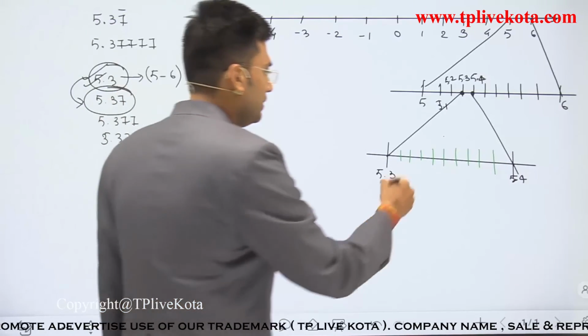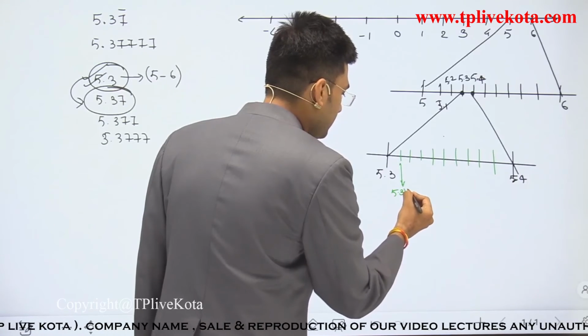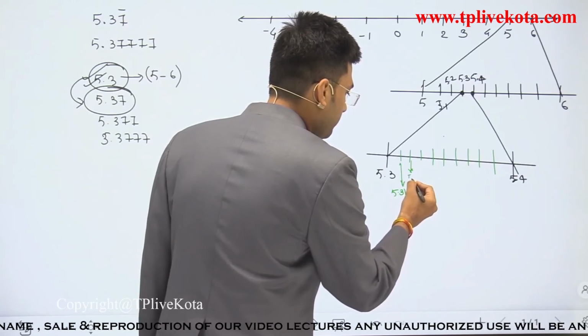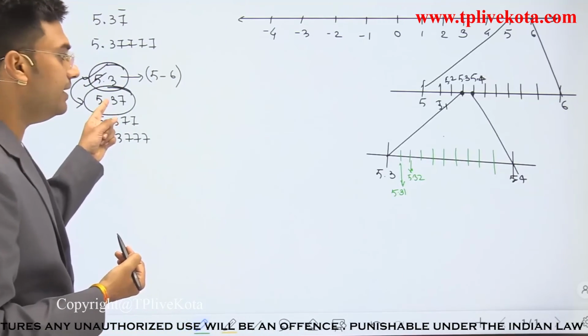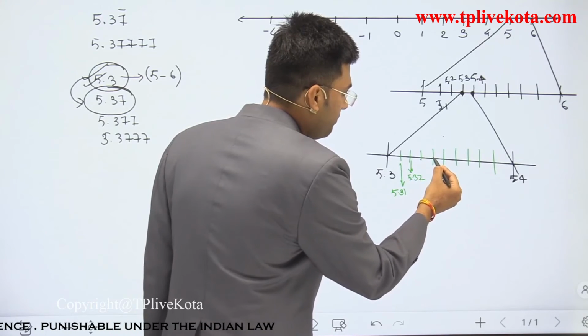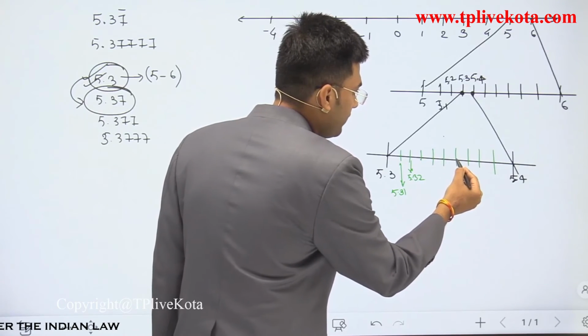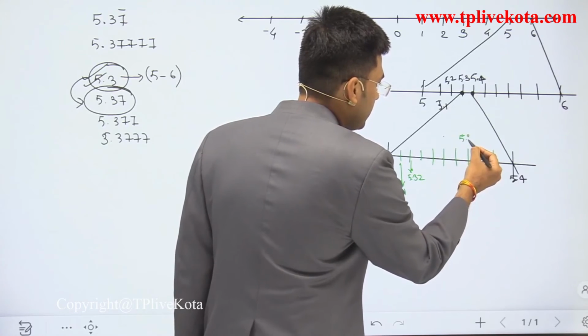Now here this is 5.31, this is 5.32 and so on. 5.33, 5.34, 5.35, 5.36, 5.37.